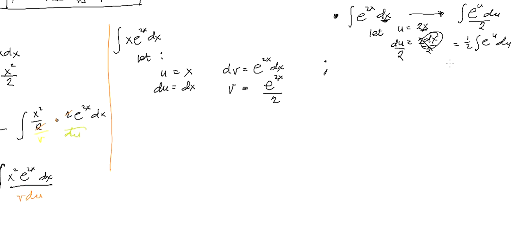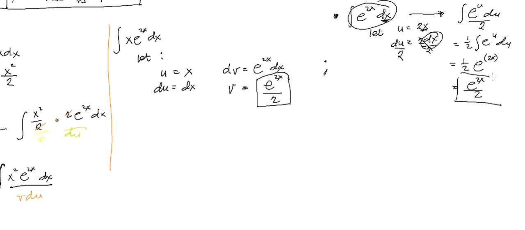What is our u? x, and our v is 1/2 e^(2x). So uv, and then minus the integral of v du: 1/2 e^(2x) dx.